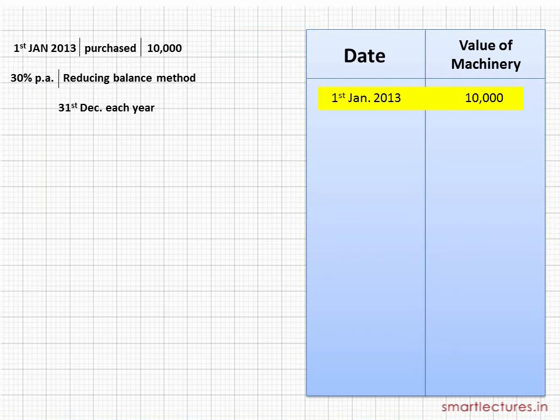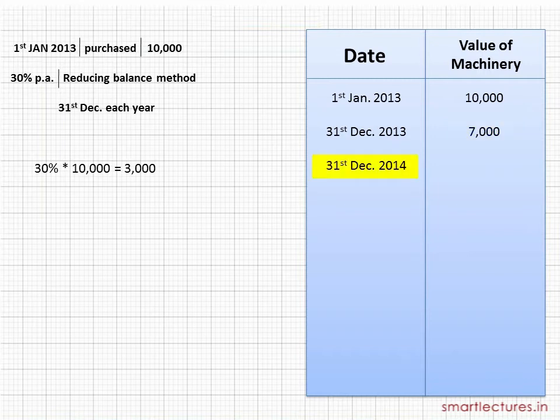Then on 31st December 2013, the depreciation will be provided at the rate of 30% of 10,000. That will be 3,000. So 10,000 minus 3,000 and the net value is 7,000. It means the value of the machinery as on 31st December 2013 is 7,000.